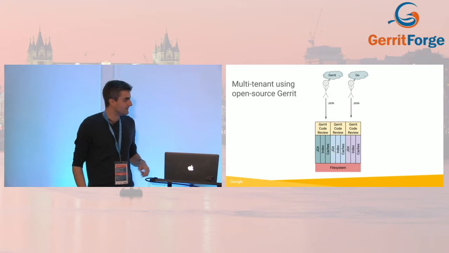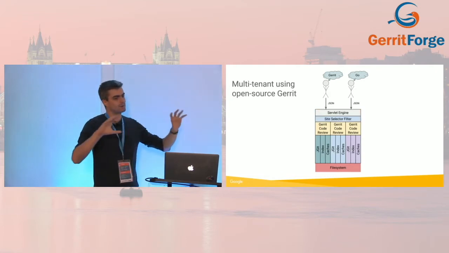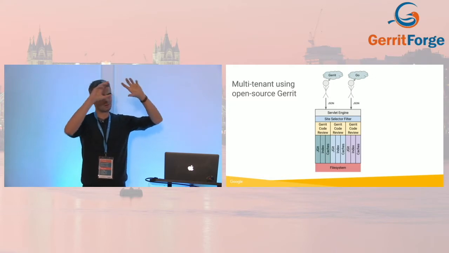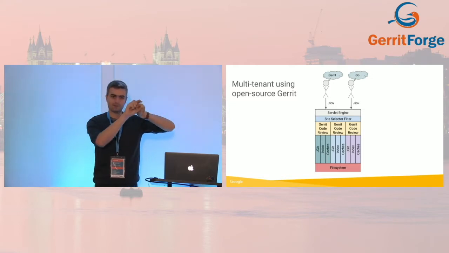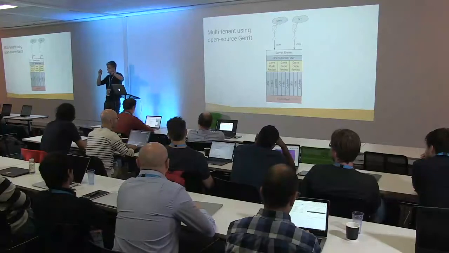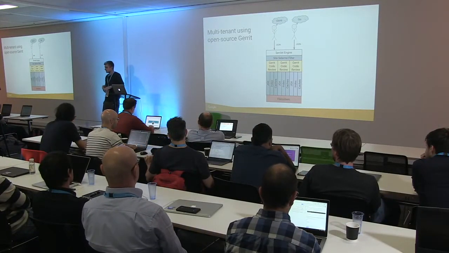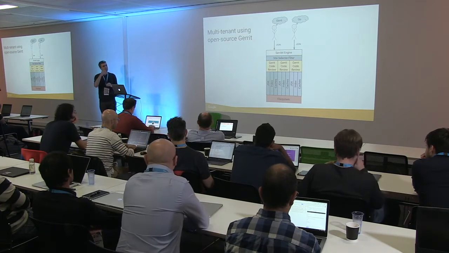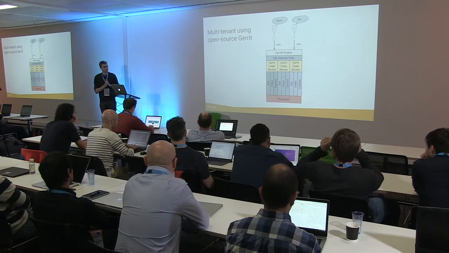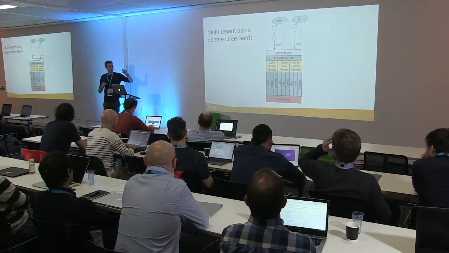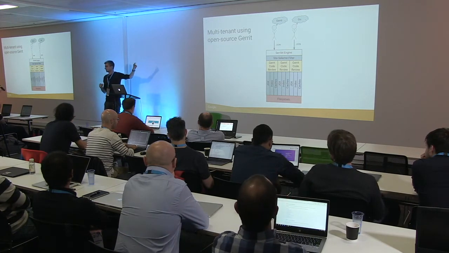So what you could do is add another layer on top of that, which is basically a servlet engine that receives all the traffic, checks which host the traffic is for, and then delegates it to the individual hosts. To take that one step further, you could make it so that you don't boot up all the Gerrit instances yourself, but rather have that selection filter do it for you.